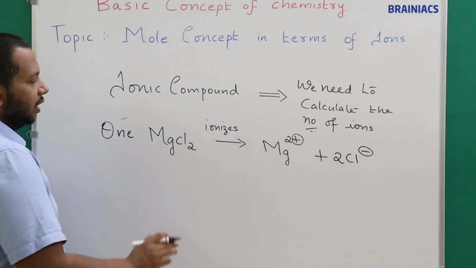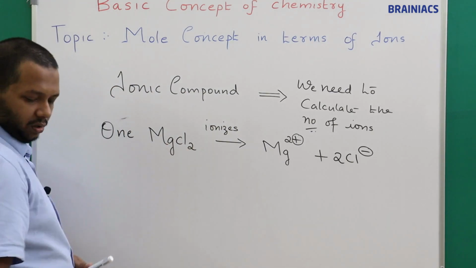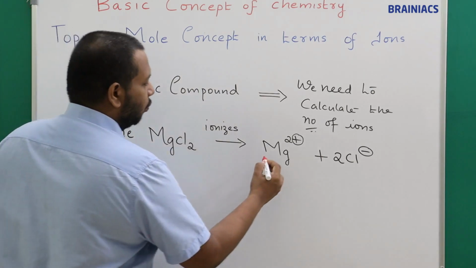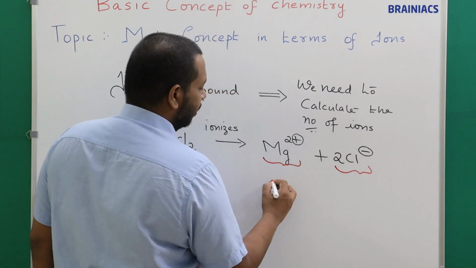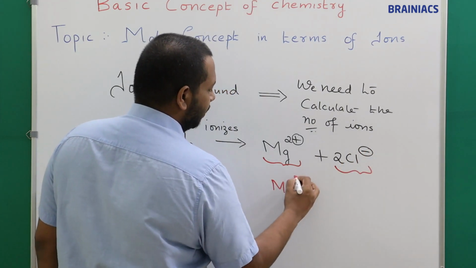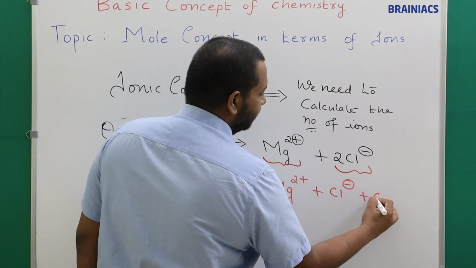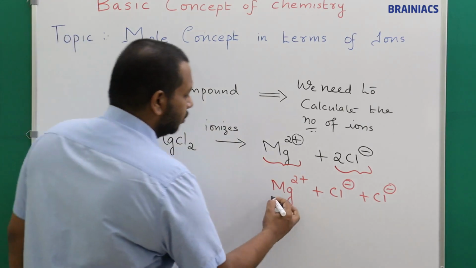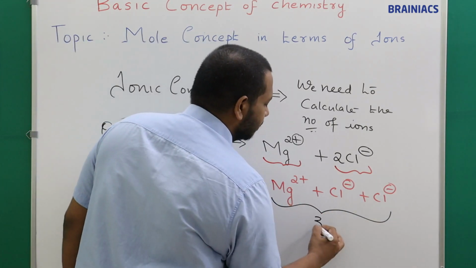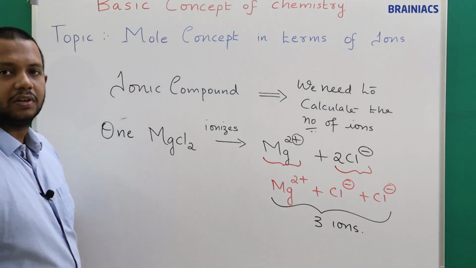Now tell me, if you take 1 MgCl2, how many ions do you get? You get 1 magnesium 2+ ion and 2 Cl minus. So I can write it like Mg2+, Cl minus plus Cl minus. So totally I got 3 ions. Correct, 3 ions I have got.